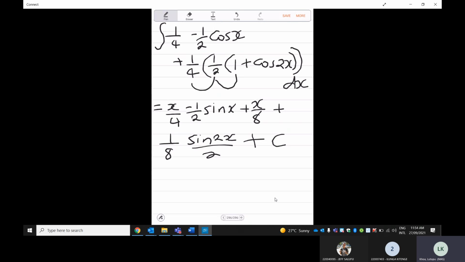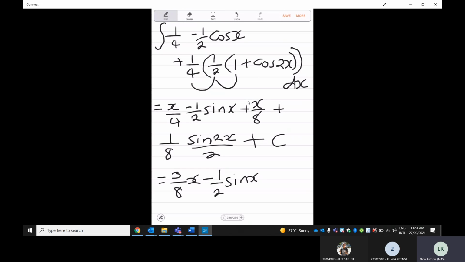So any like terms that you have, you must collect them when you simplify. Here I have x over 4 and x over 8. Can add them together. That is 3 over 8. So we have 3 over 8 x. Then the half sine x has no like terms, so it stays there by itself.